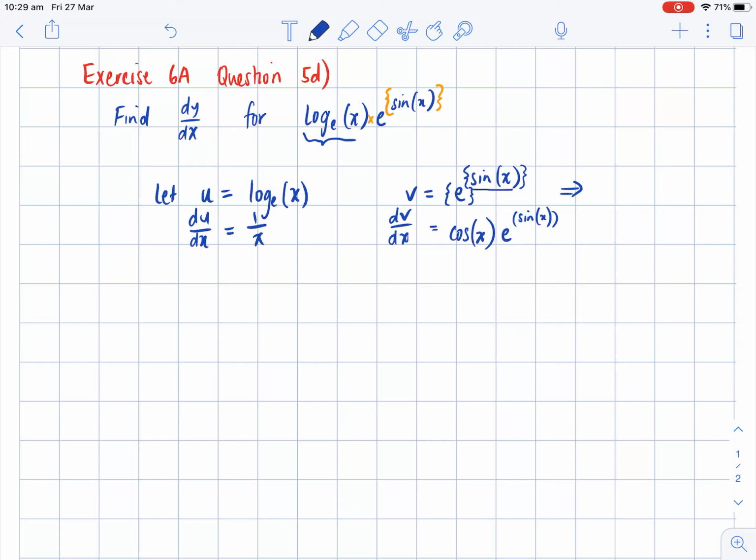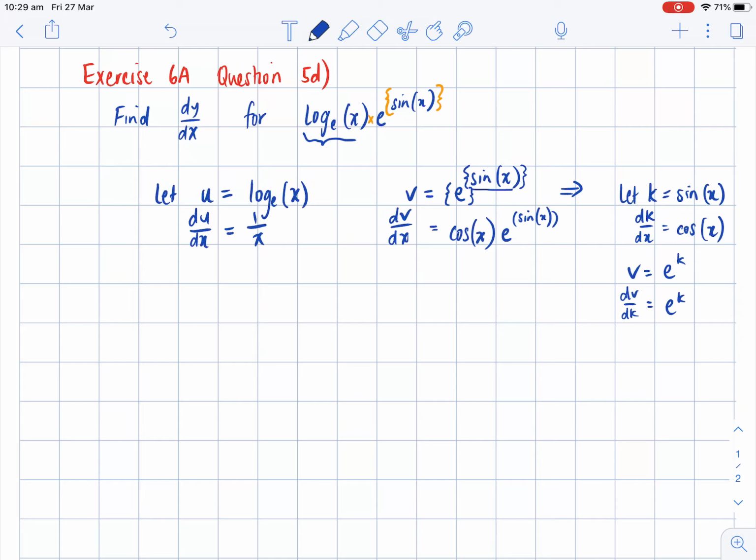Pretty straightforward. If I'm going to do this formally using the chain rule, I can say let k equal sine x. So then dk dx equals cos x, and then v would equal e to the k, dv dk equals e to the k as well.